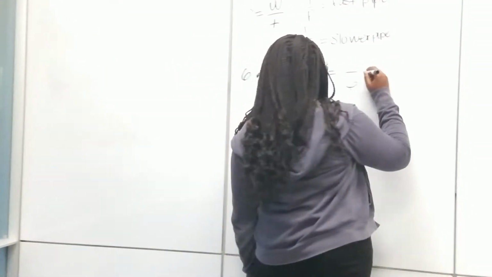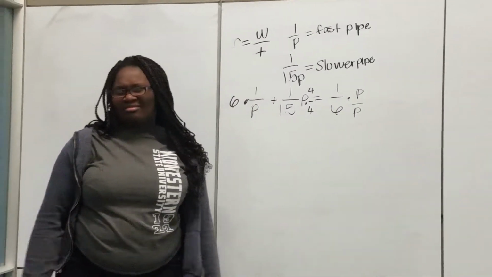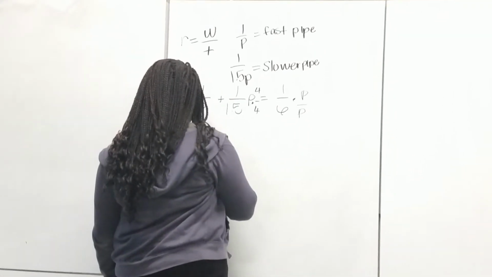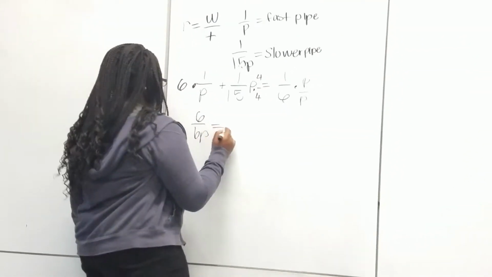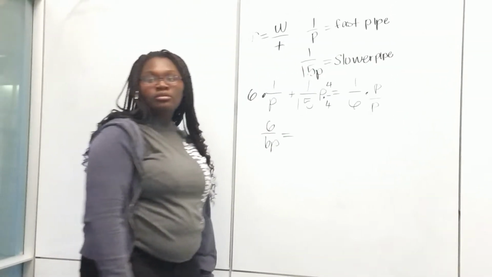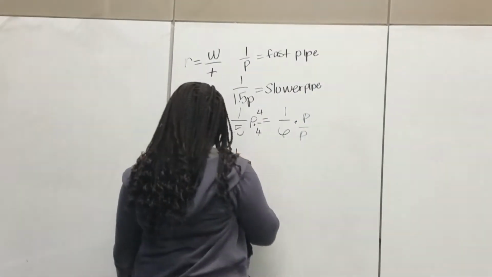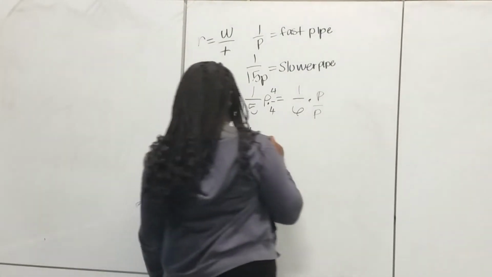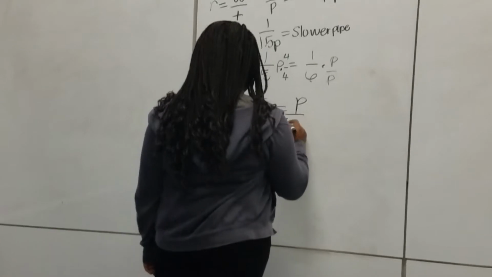And multiply this by P. From that, you will get 6 over 6P plus 4 over 4P equals P over 6P.